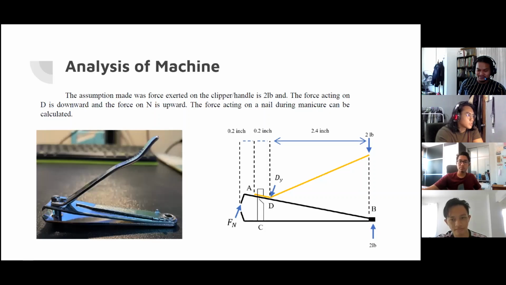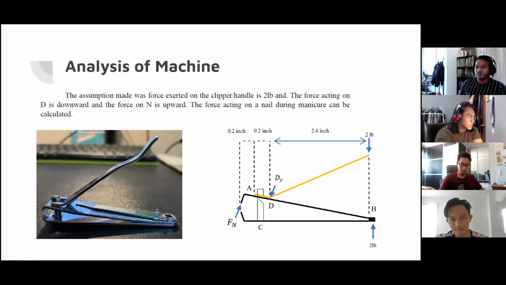So the force acting on the D point on the free body diagram over there is downward, and the normal force at A is upward. So the force acting on the nail during a manicure can be calculated.